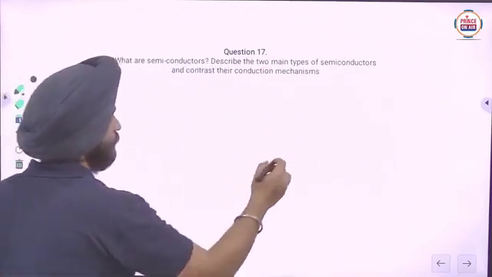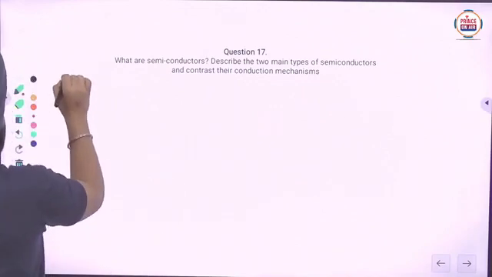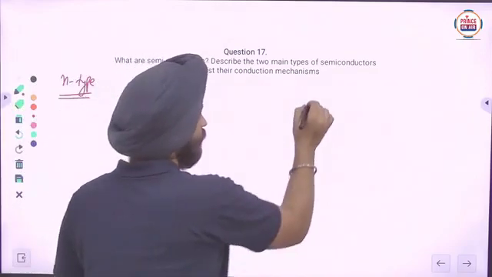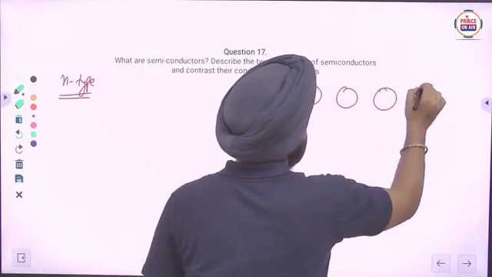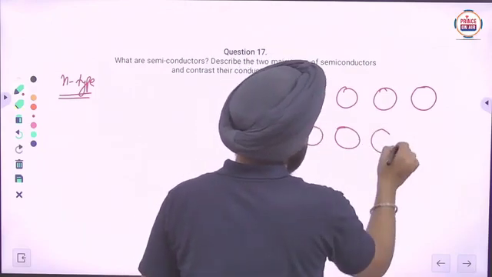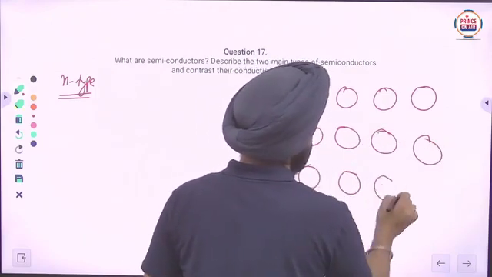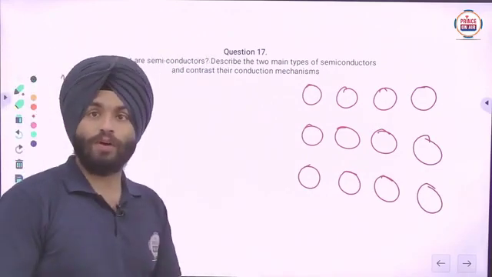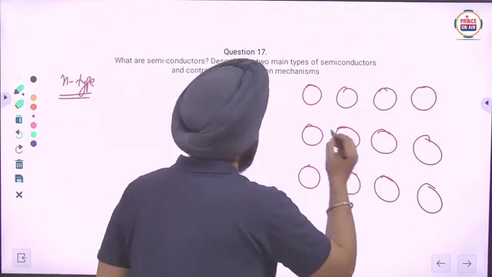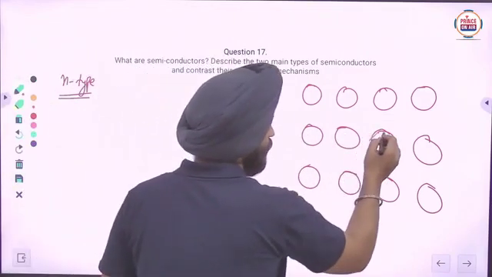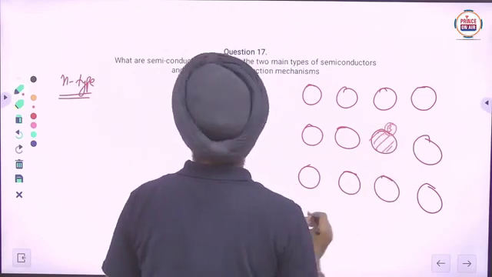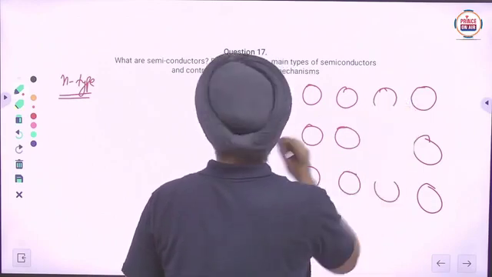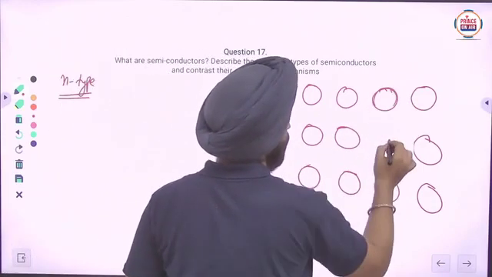See this mechanism. Firstly, for N type, if I am having any elements or ions of group 14, in which 4 electrons are there, and if I am considering only one element which is of group 15, because it is of N type.